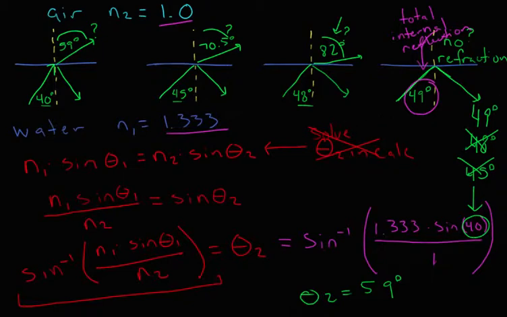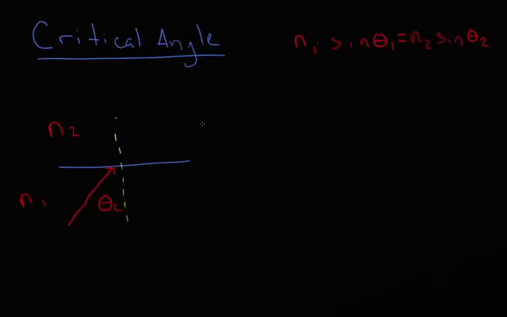Okay, let's go to our next slide and see how we could figure out what exact angle in between 48 and 49 it makes that transition from refracting to not refracting. Okay, so here we've redrawn this, and we have the light coming in at some angle. We're going to call this angle the critical angle.